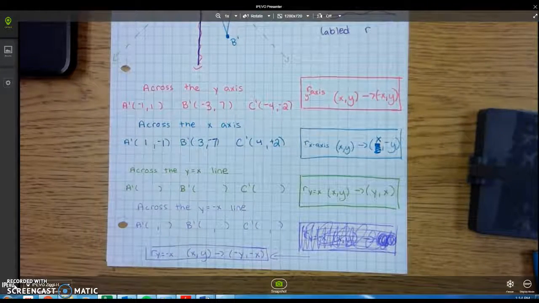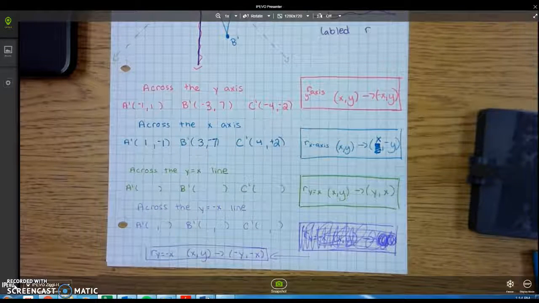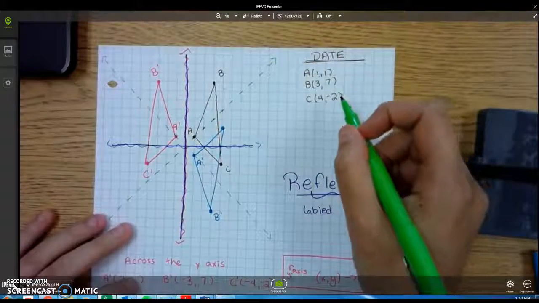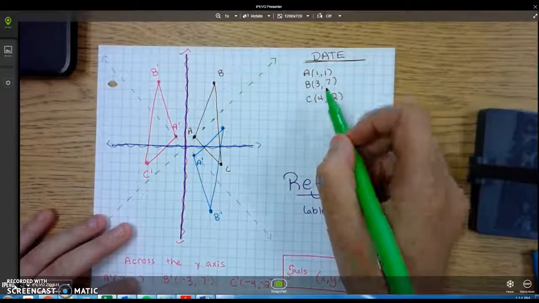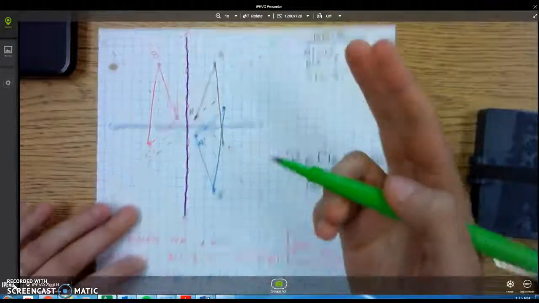I think that the rule is a lot easier in this one because remember, this is the one where we did it without a rule. We had to count up and then we could count over and then we counted up or down. So if we use the rule, all we have to do is flip our x and y. So example, I'm going to go ahead and do B because in A, when I flip 1 and 1, I'm still going to have 1 and 1.